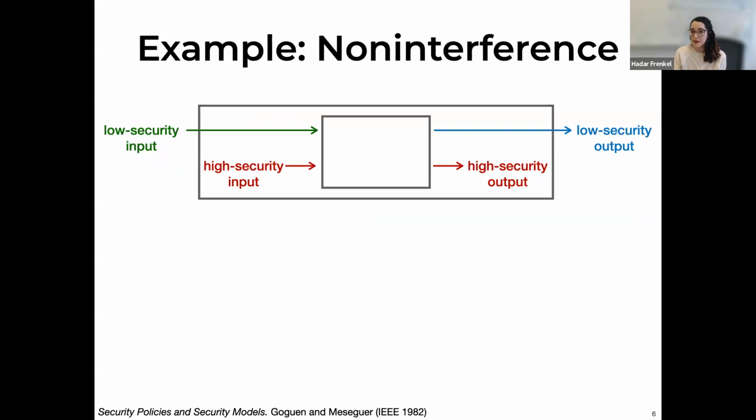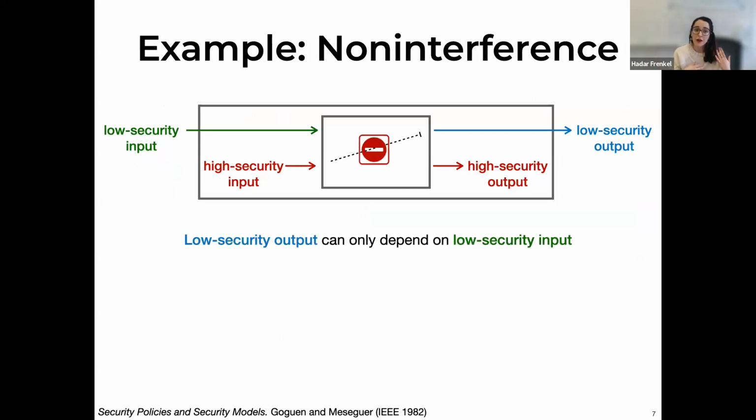This example is called non-interference. Here we have some system which has low security inputs and low security outputs. It also has some internal high security inputs and high security outputs that are not observable to the user. The property that we want to verify here is that there is no information leak from the high security inputs to the low security outputs.